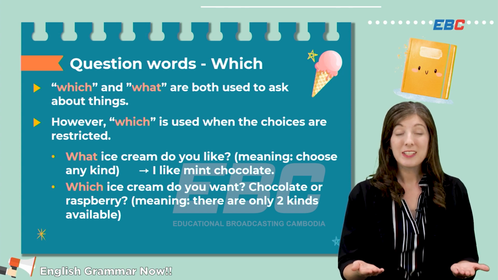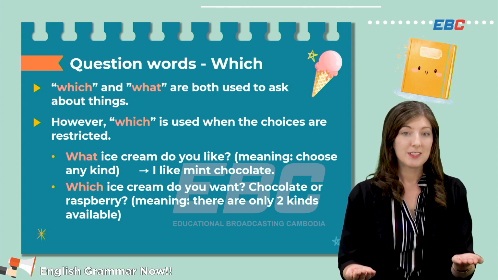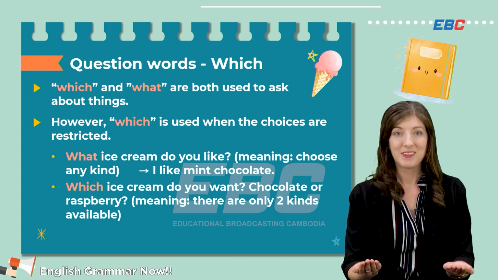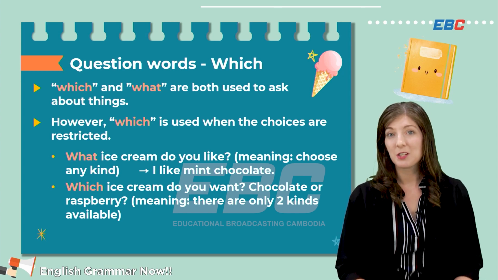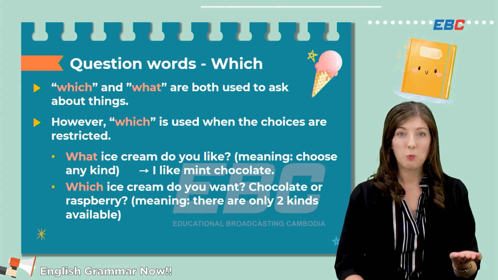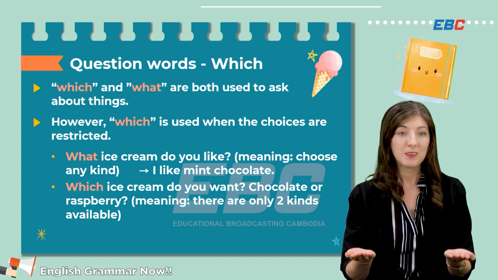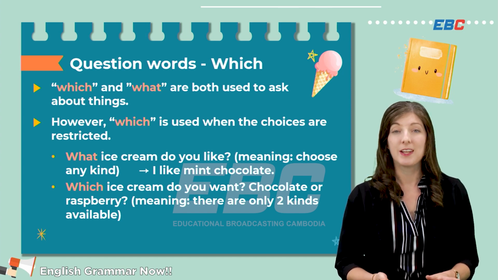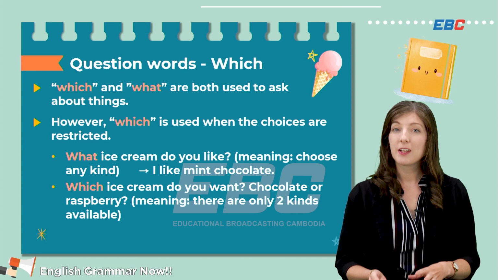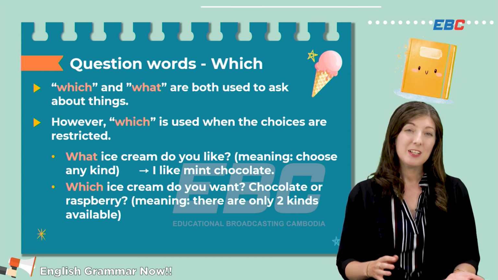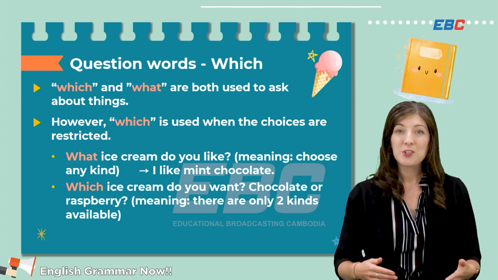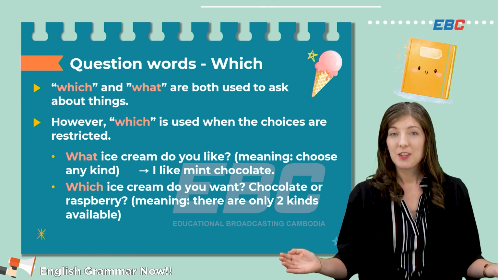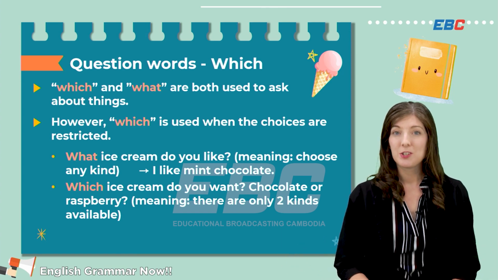Perhaps there are only two kinds, chocolate or raspberry. Then the person who answers the question must choose one of these two. So the difference between using what and using which is that if we use which, you cannot choose any answer. There are only some answers you can choose from.